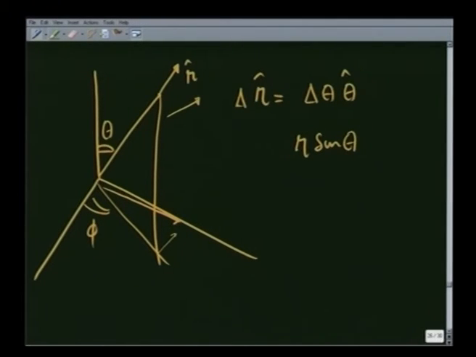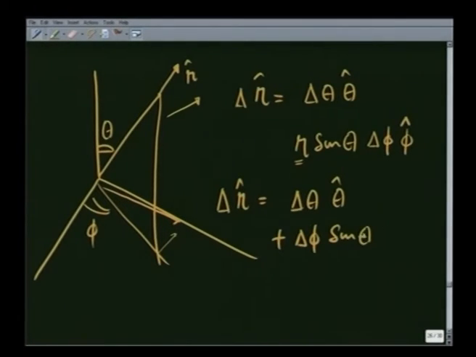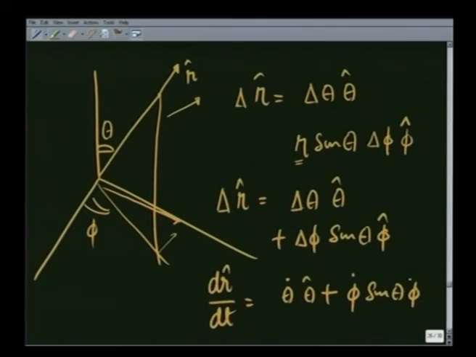Since this is a unit vector, this r is 1 and is going to change by delta phi in phi direction, and therefore, the net change delta r in r unit vector is going to be delta theta in theta direction plus delta phi sin theta in phi direction, and therefore, dr by dt is going to be theta dot theta plus phi dot sin theta phi.